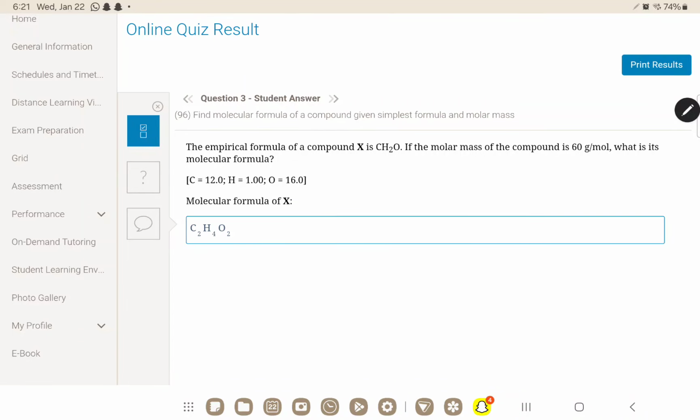Next question, it's asking us for the empirical formula. So they told us the empirical formula is CH2O, and the molar mass of the compound we're trying to find is 60. This is the molar mass. So to find out how much the empirical formula is multiplied by, you need to find out the molar mass of this.